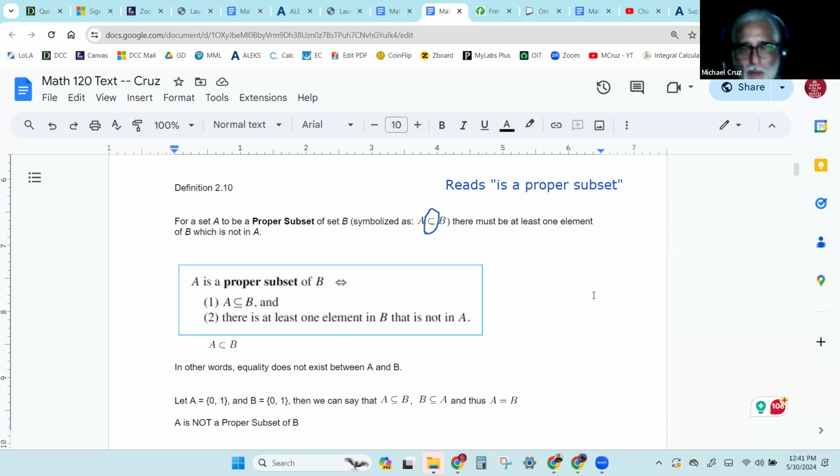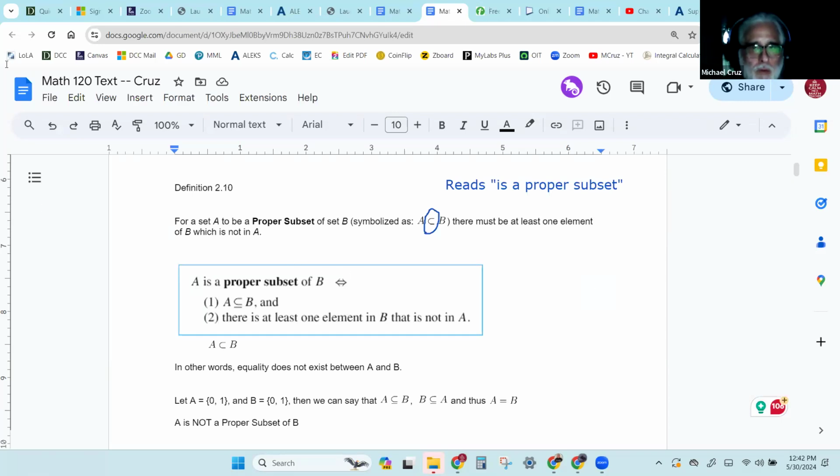Well, what does that mean by proper? A proper subset just means that everything in the set on the left is fully contained within B, but they are not equal.